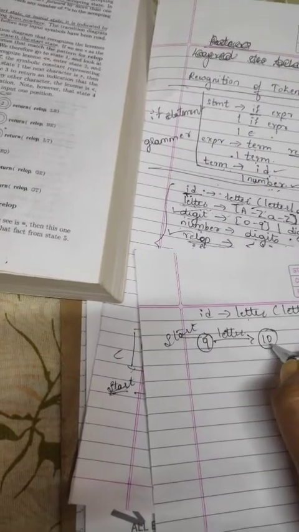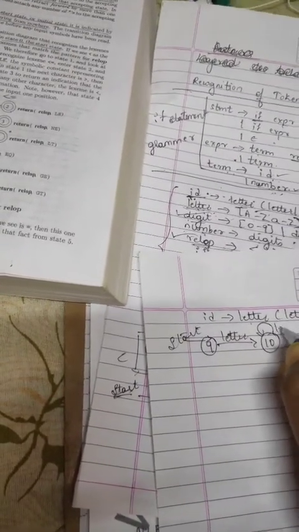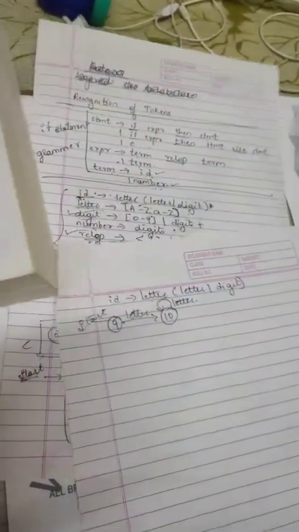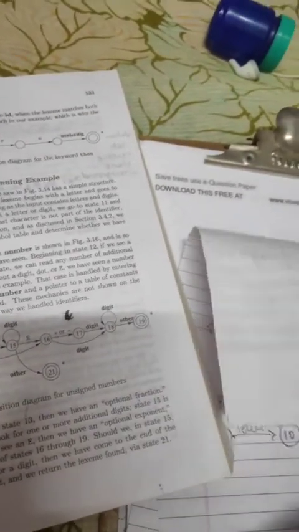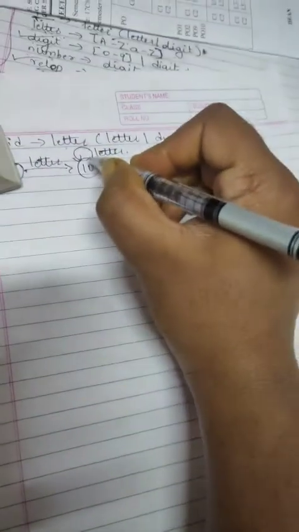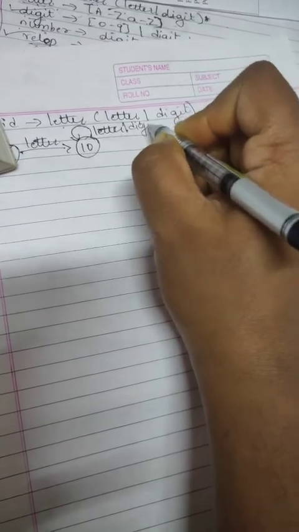If it identifies a letter in itself, then I have to loop it back. Then it is a complete id, and it may repeat itself with a letter or with a digit.